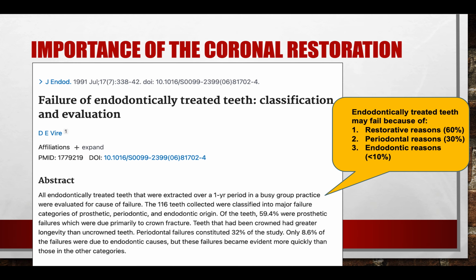So 60% of teeth were extracted after root canal treatment because of restoration failure, while 30% of these teeth were extracted because of periodontal problems, and less than 10% of teeth after endodontic treatment were extracted because of endodontic failures.